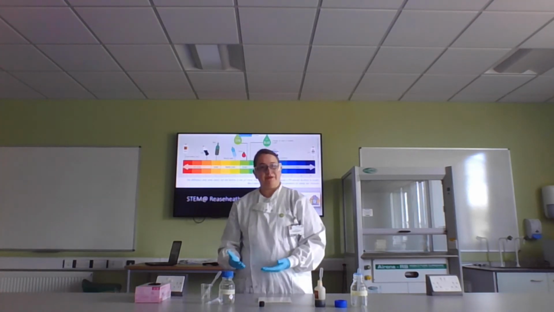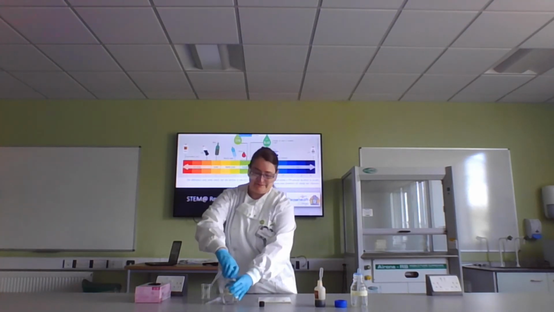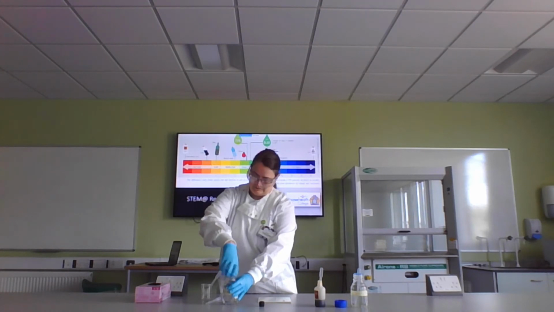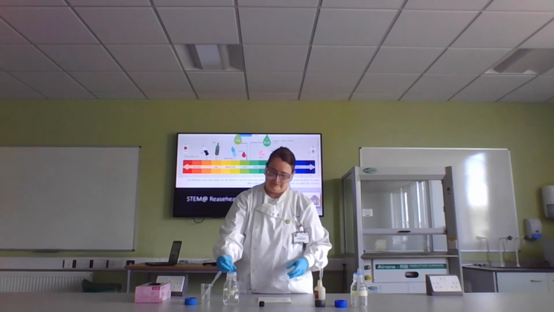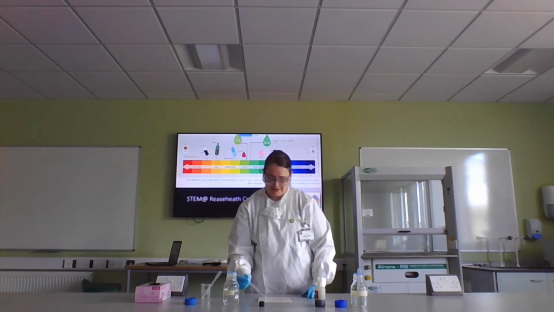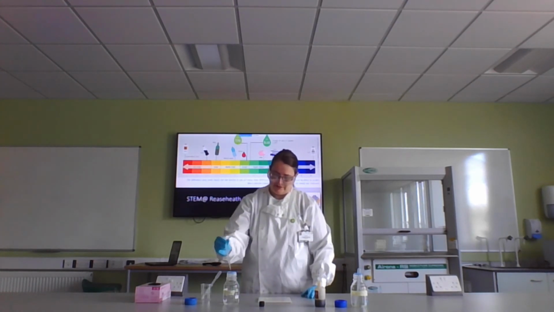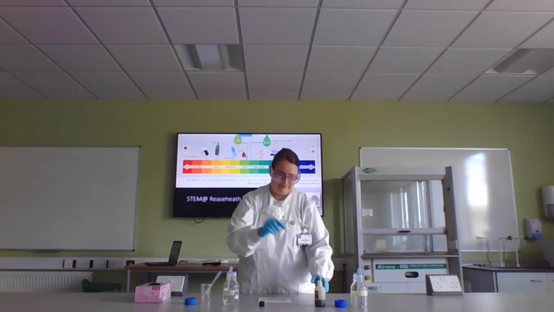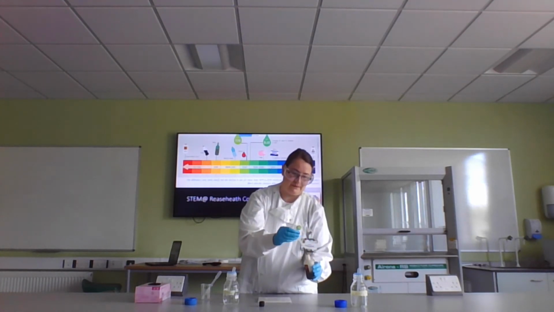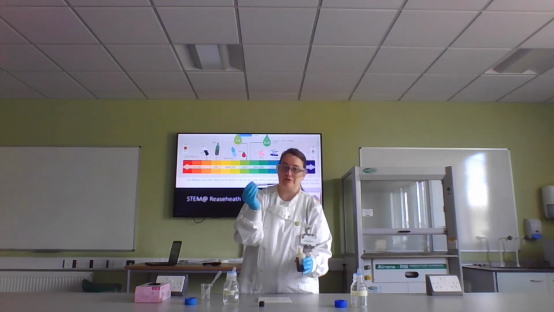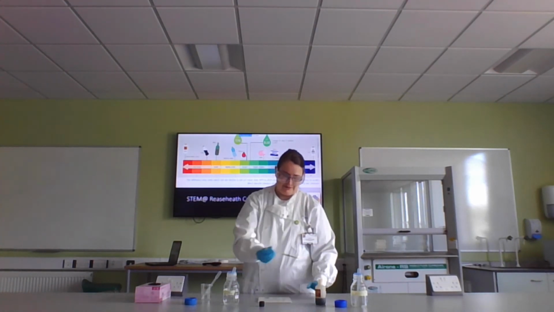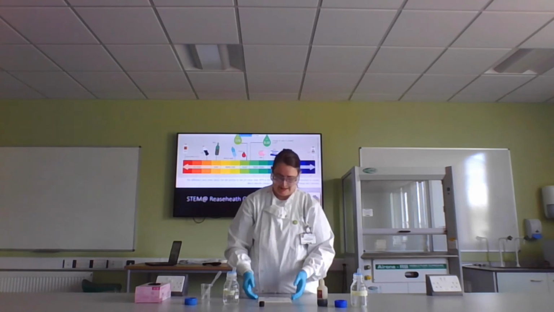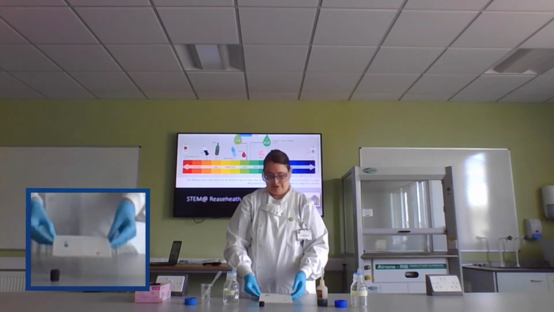So let's do the same thing with the sodium hydroxide. Drop of sodium hydroxide, put it on the tile. Drop of the green pH indicator, and you can see very dramatically it's gone blue straight away.